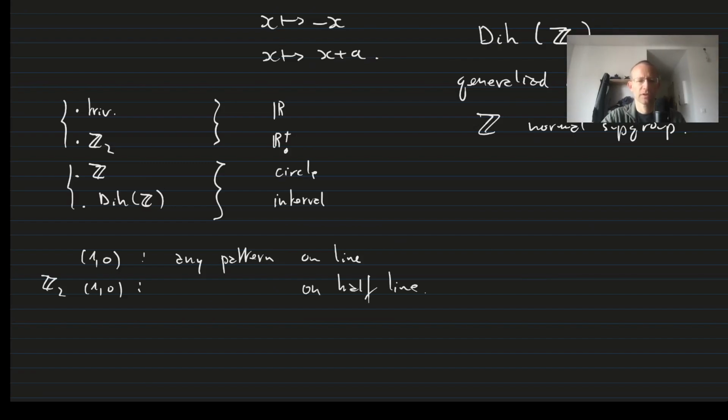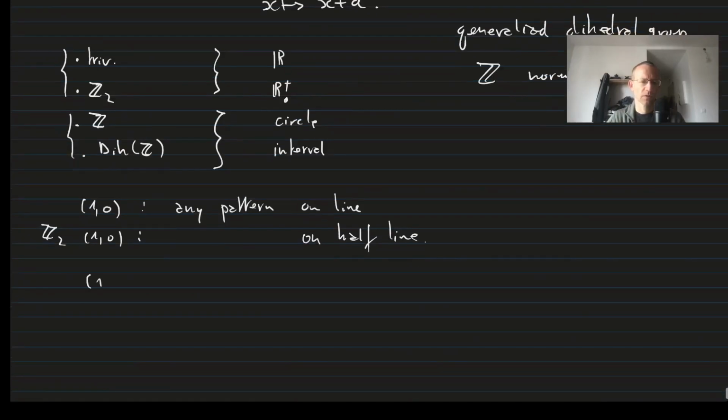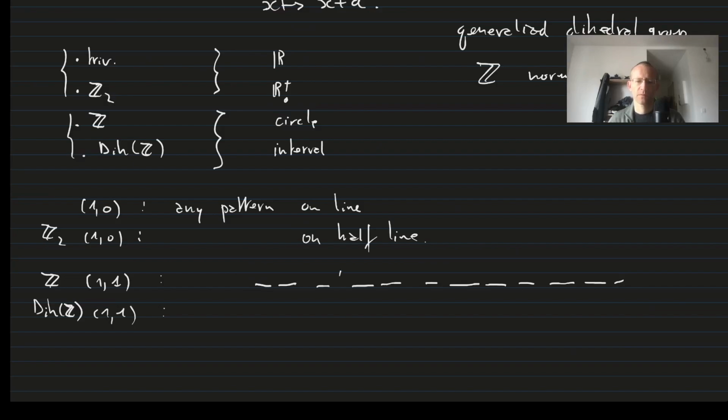So now we can draw the interesting cases, which are 1,1 with Z and 1,1 with the dihedral group. So then the fundamental domain is a circle, so we can draw any pattern like this, and then just repeat it like that. We can draw any pattern like that, repeated in 1 dimension. I shouldn't have drawn this dot above.